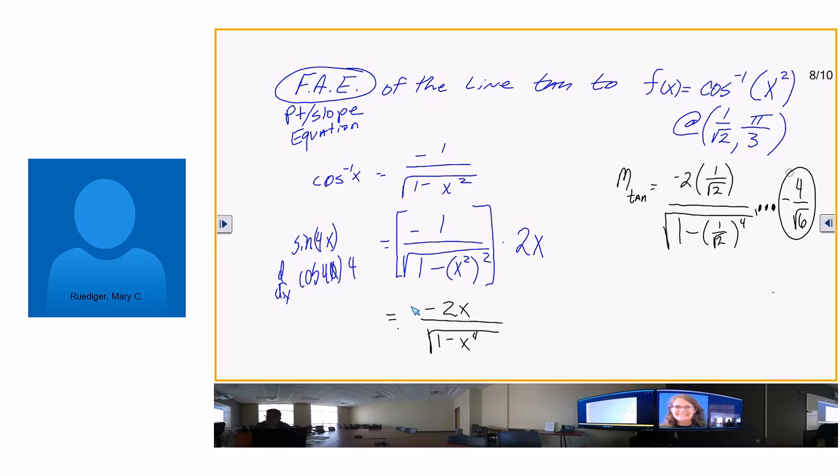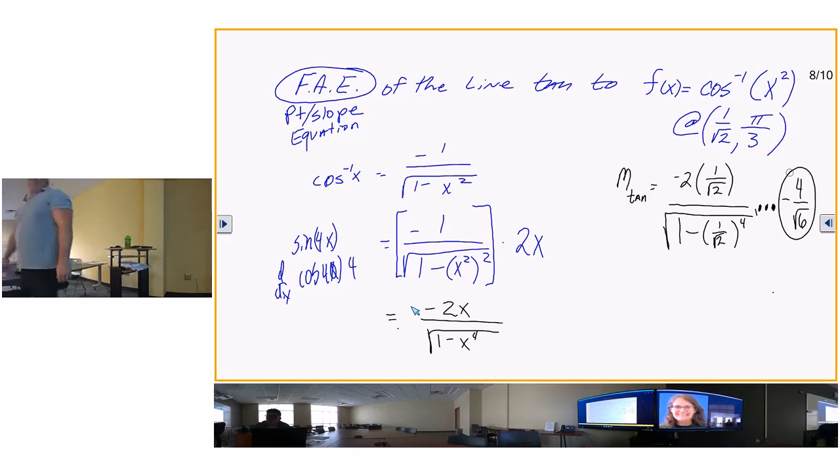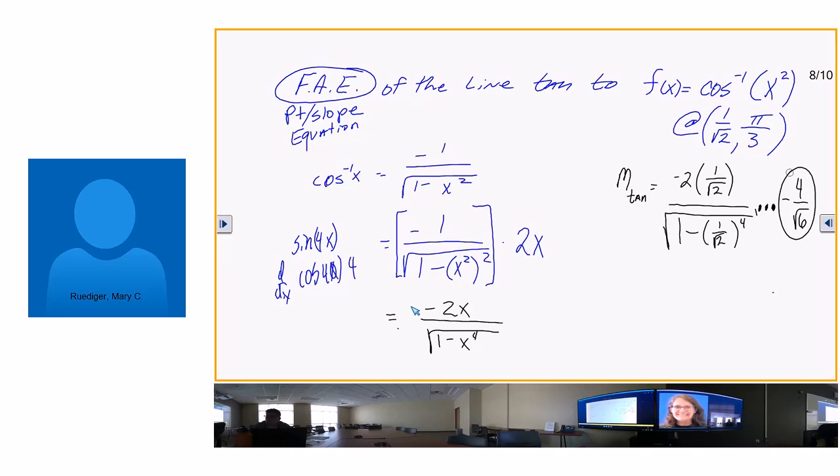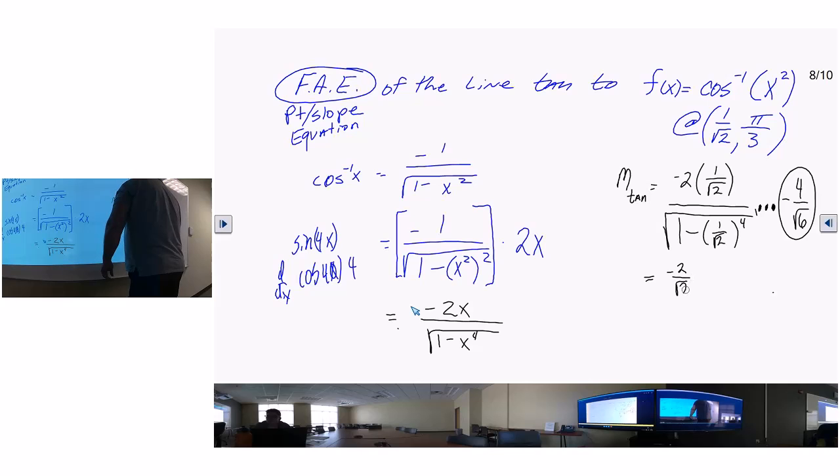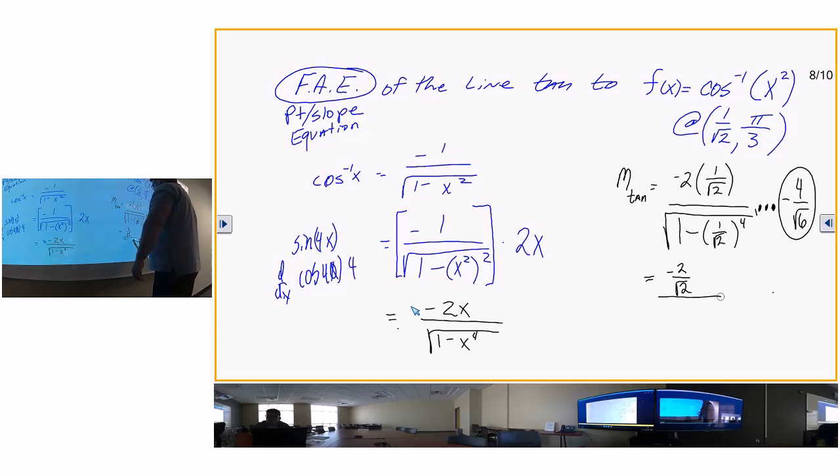Okay, I'll just do it. Equals negative 2 over the square root of 2 over the square root of 1 minus, well, 1 over the square root of 2 to the 4th power. The square root of 2, you could say that's 2 to the 1/2. 2 to the 1/2 raised to the 4 is 2, that'd be 4? Somebody check me.